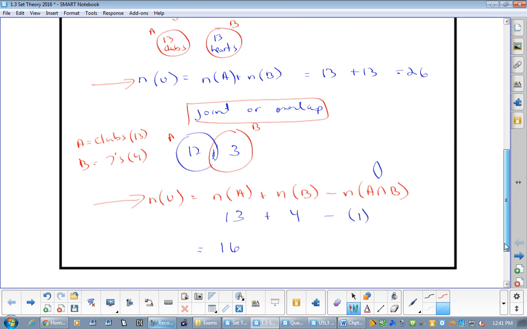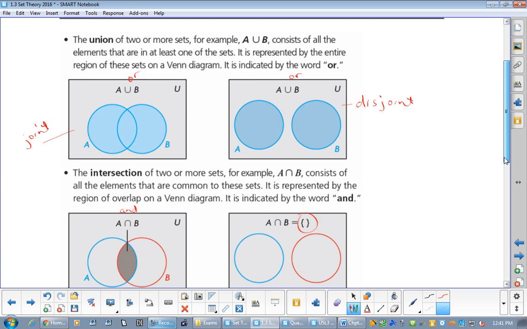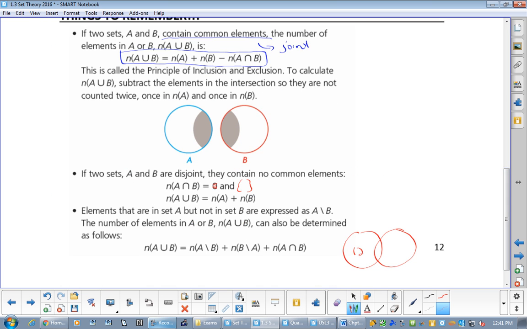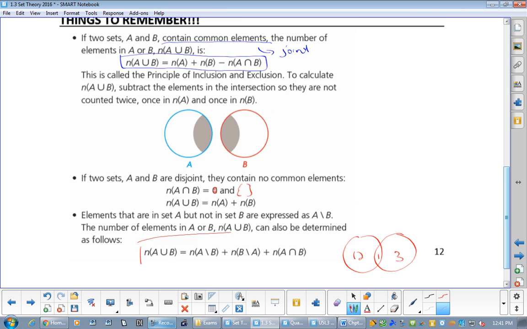But I'm just going to use this last example, 12, 1, and 3. So you could use either one of these two formulas, and they mean the same answer.